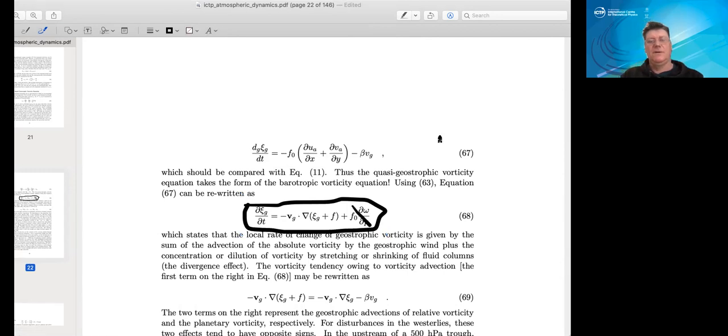Because then the geostrophic vorticity can be expressed in terms of the geostrophic stream function.